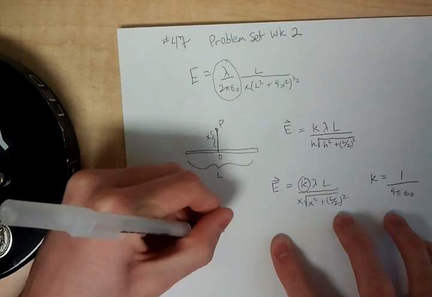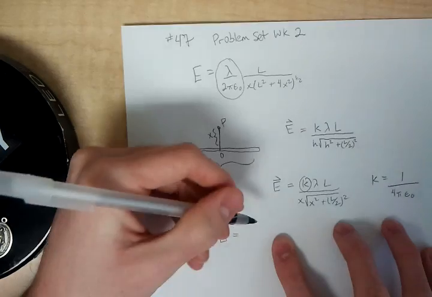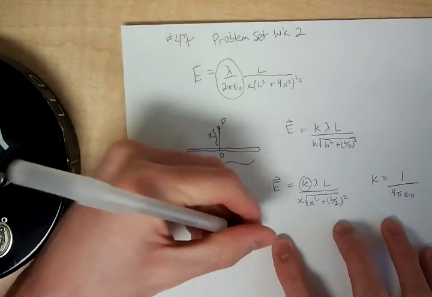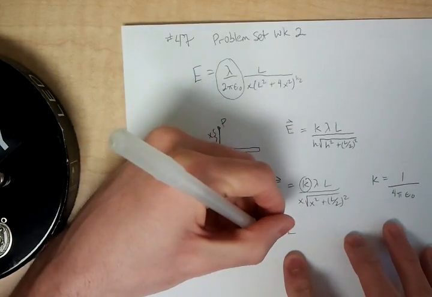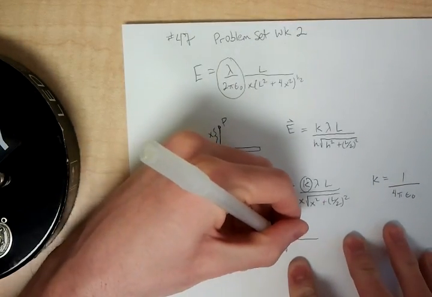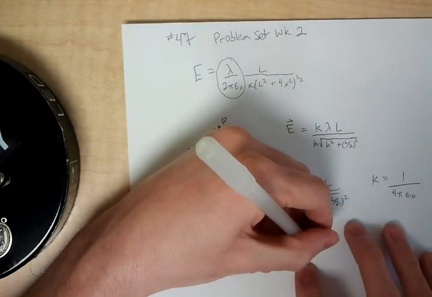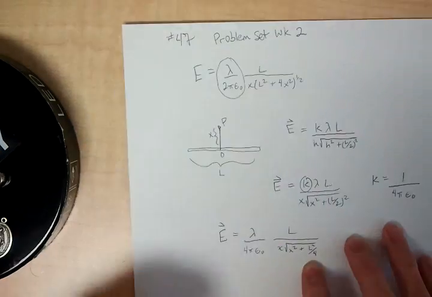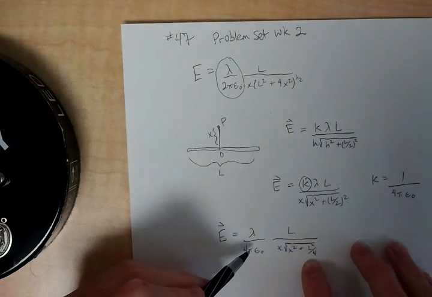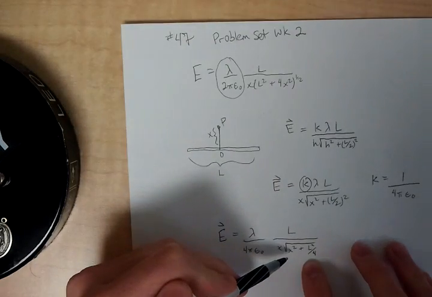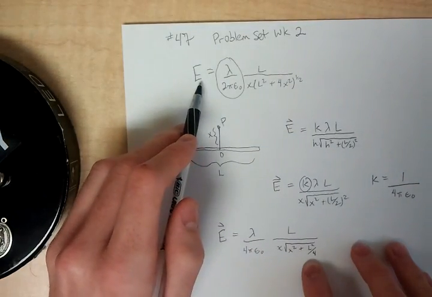So if we substitute that into our field equation for a point above the perpendicular bisector, we get lambda over 4 pi epsilon naught times L over x times the square root of x squared plus, simplifying inside the square root, L squared over 4. And so we've found most of one part of our new equation and most of one part of our second equation, the two parts of the overall equation that we're solving.